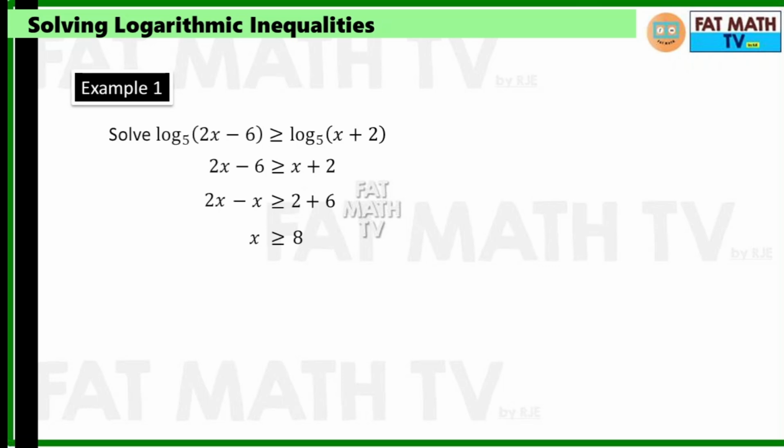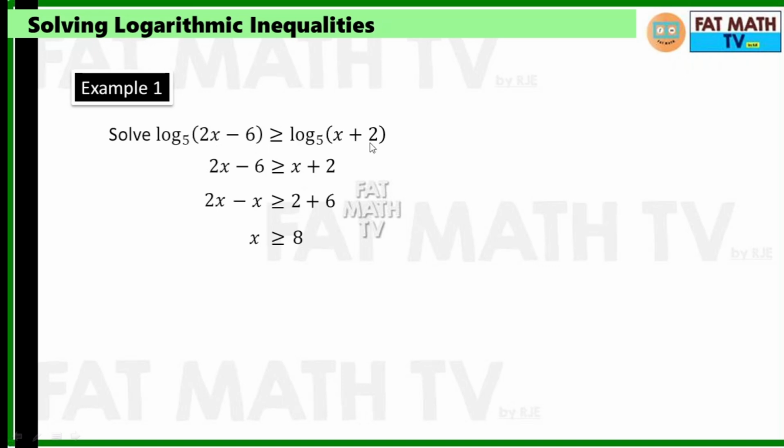But in this logarithmic inequality, we should not conclude immediately that the answer is all numbers greater than or equal to 8. We have to look at the part here inside the logarithm. The 2x minus 6, for the logarithm to be defined, should be greater than 0.